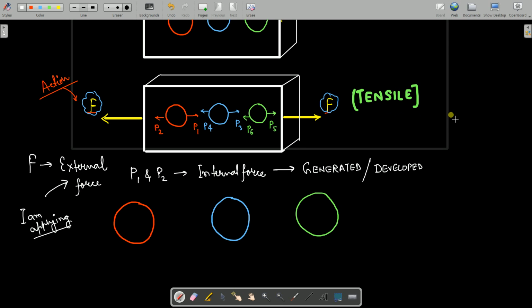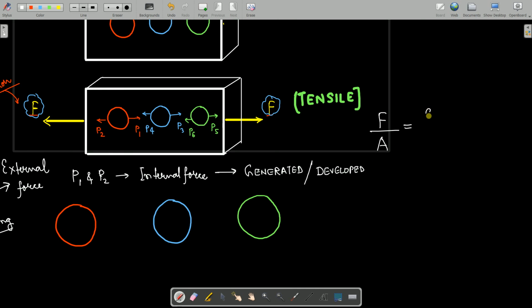Moreover, if I divide this capital F by the area, what does it mean? It doesn't mean anything actually. I can simply say this is external force, which is tensile in nature, divided by area, and it doesn't have any particular term.